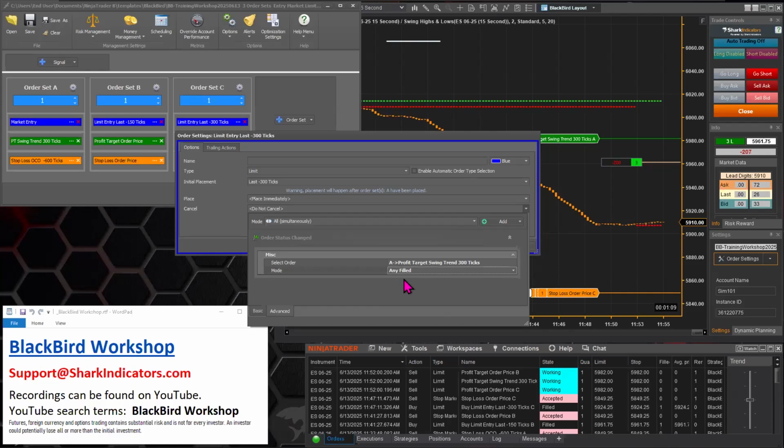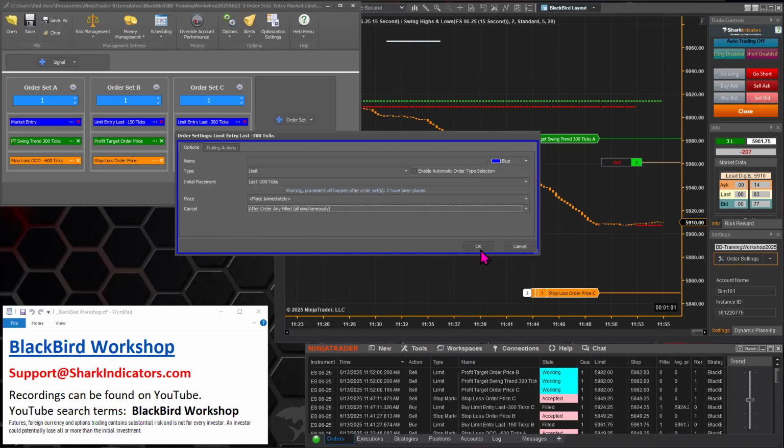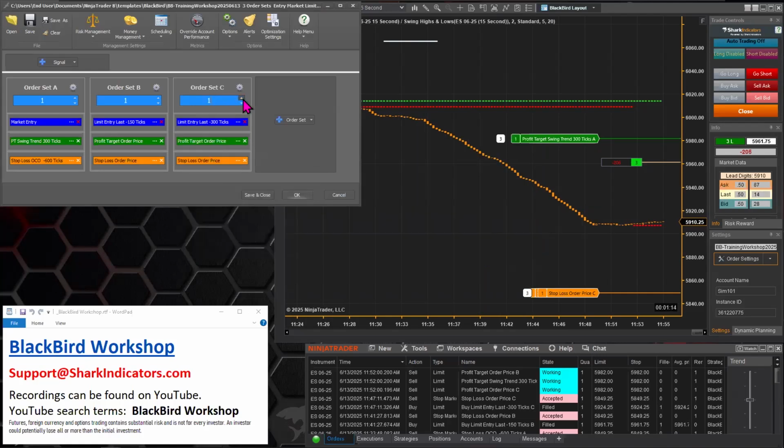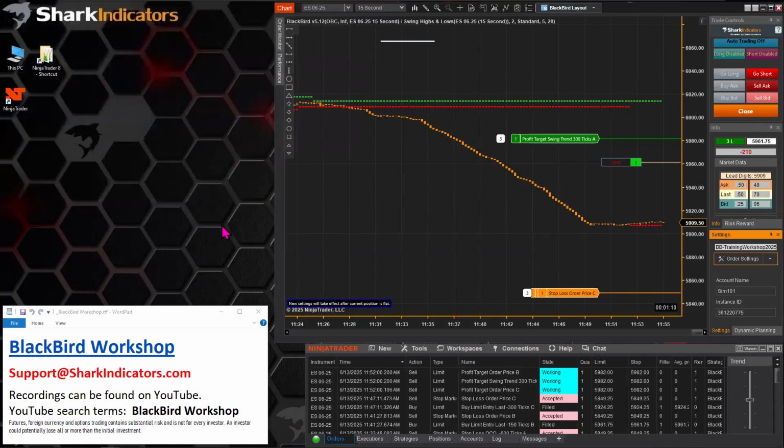Which is probably a good thing to use, any filled, especially when you're working with a multi-contract system here. So if we're working with 6 contracts on all this, right? Let's see here. All right, I will save that out again with that last little adjustment.